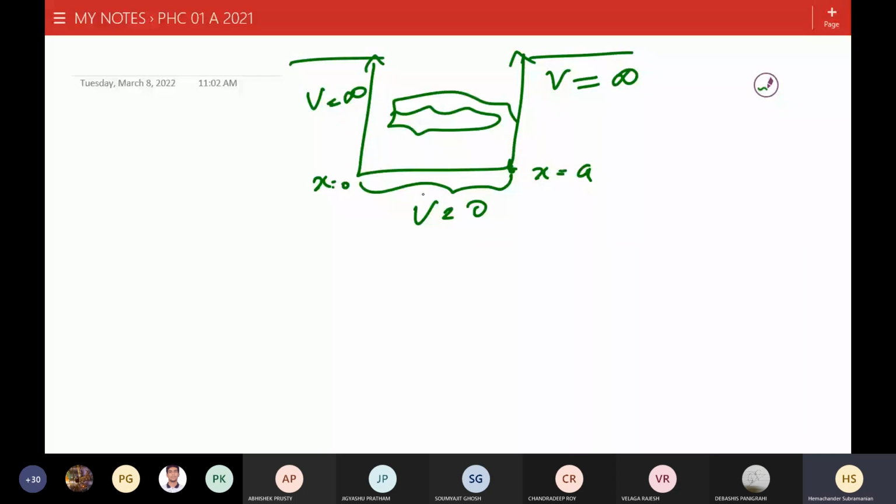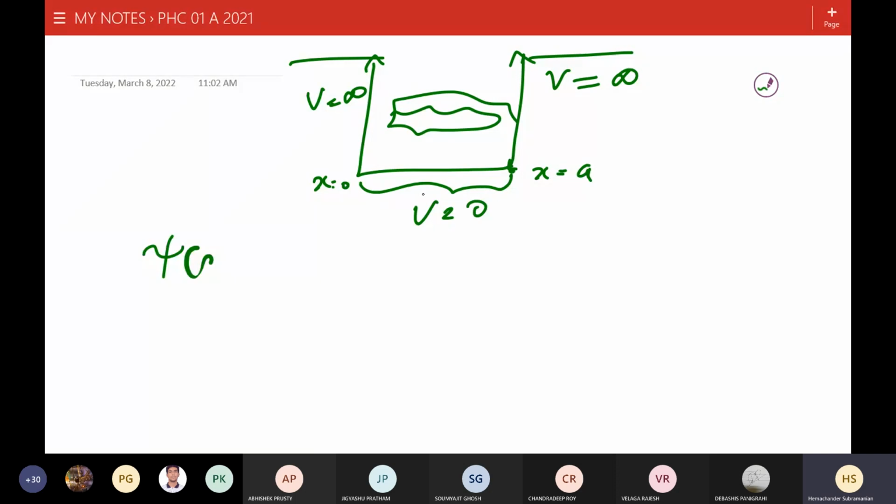Now our goal is to find the wave function. What is the wave function? You guys remember that the wave function is basically the probability amplitude for finding the particle at any point x at any time t.